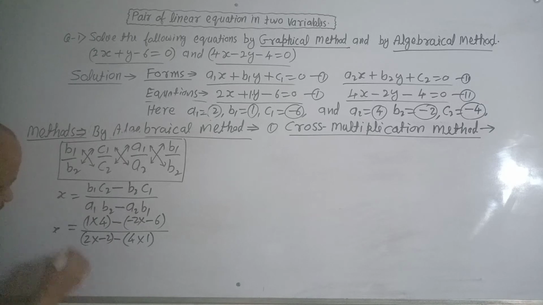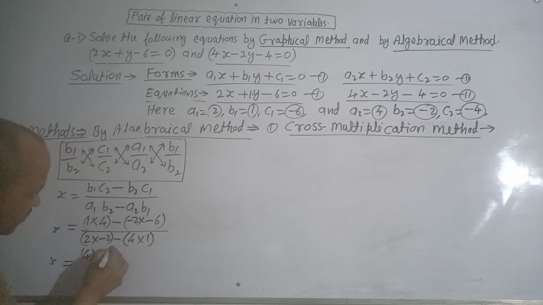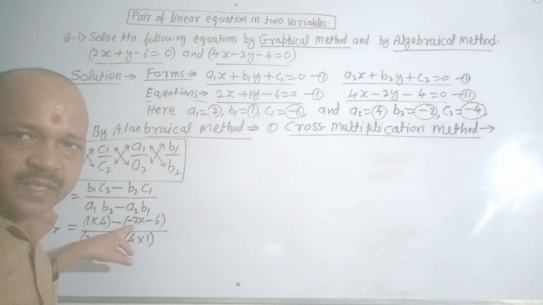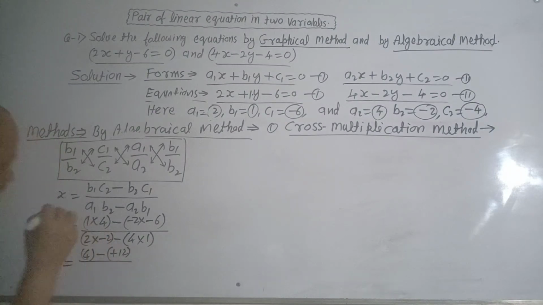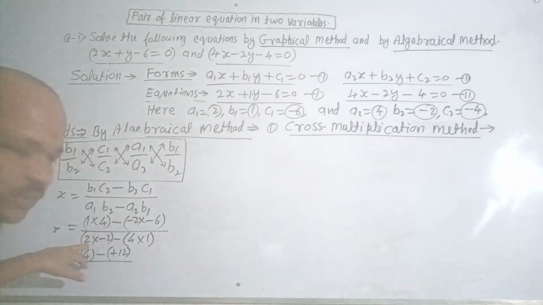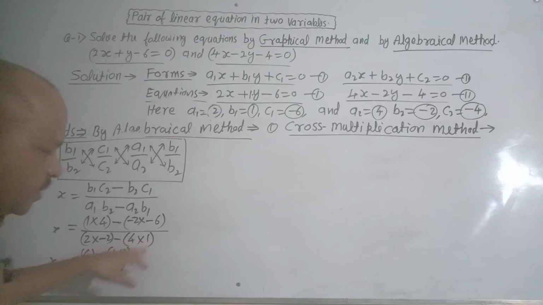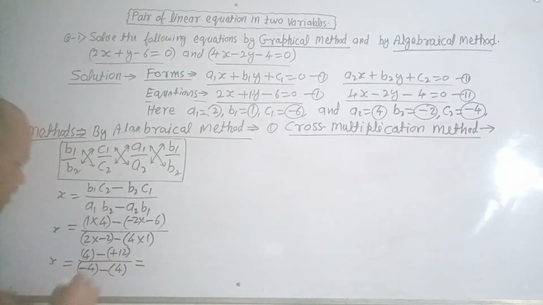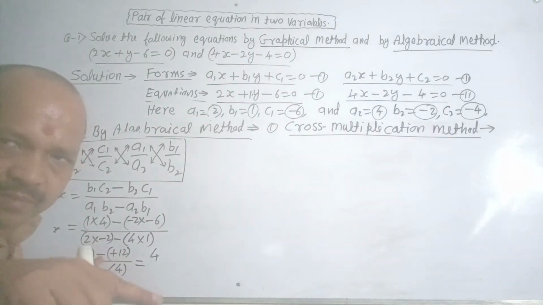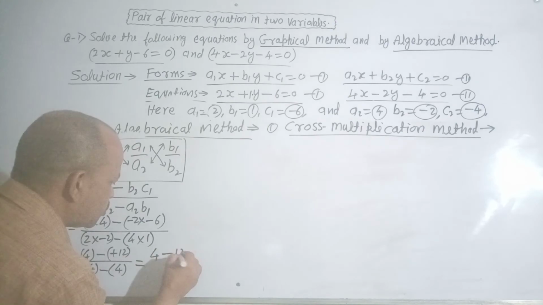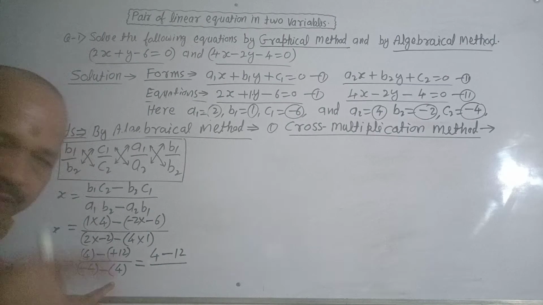Solve it. Here 4 times 1 is 4. Here minus 6 multiply minus 2 become plus 12. Here minus 2 multiply 2 become minus 4. 4 multiply 1 is 4. Minus 4 minus 12 become minus 16, upon minus 4 and minus 4 become minus 8.